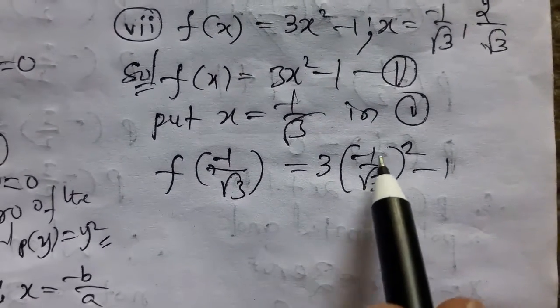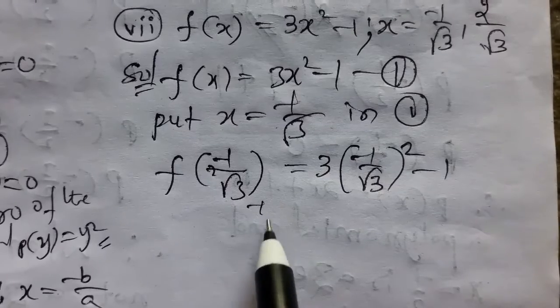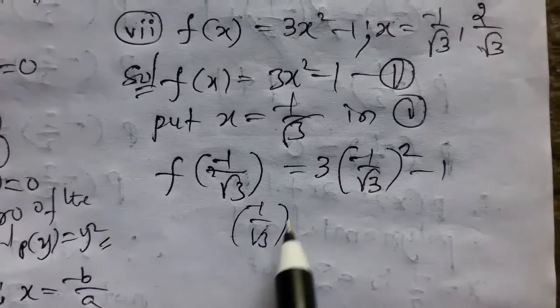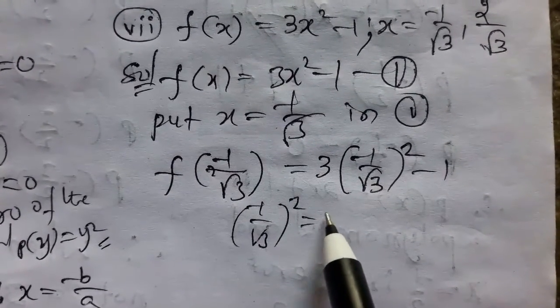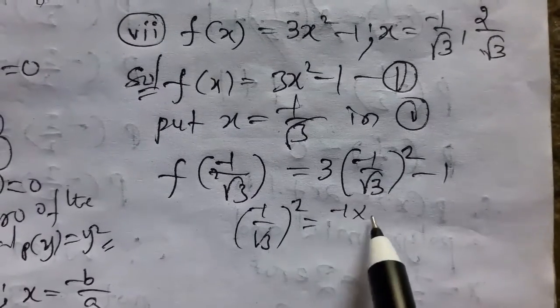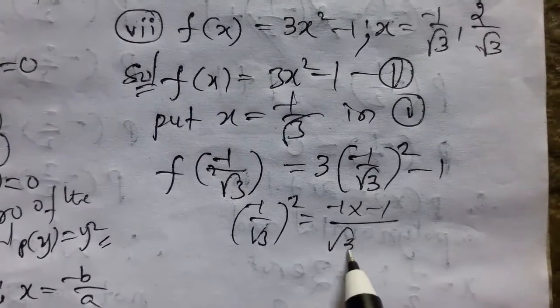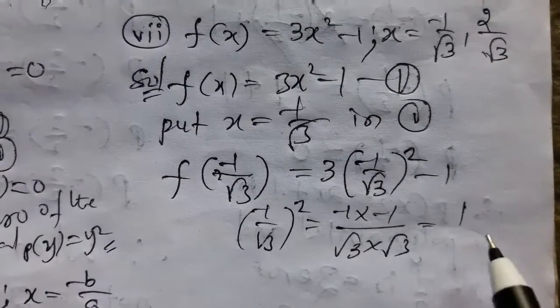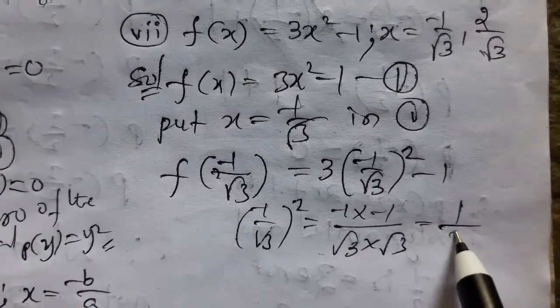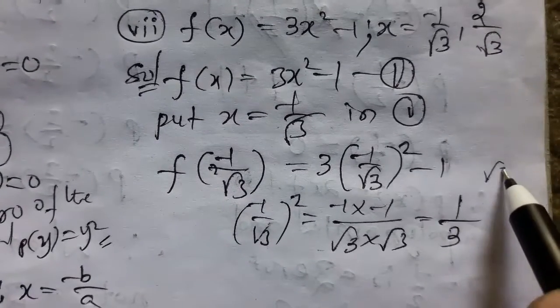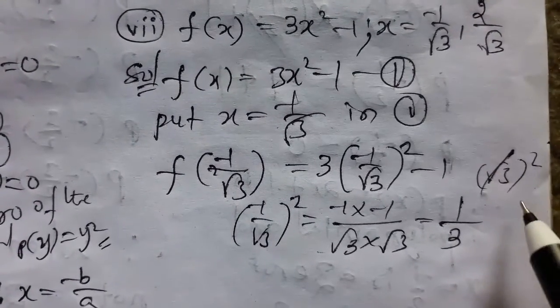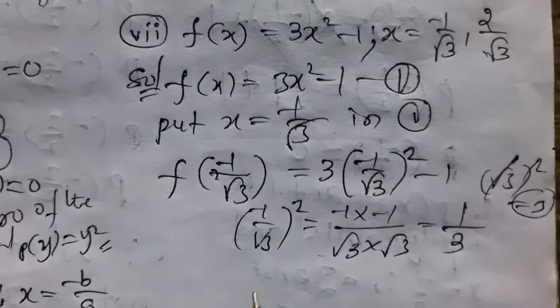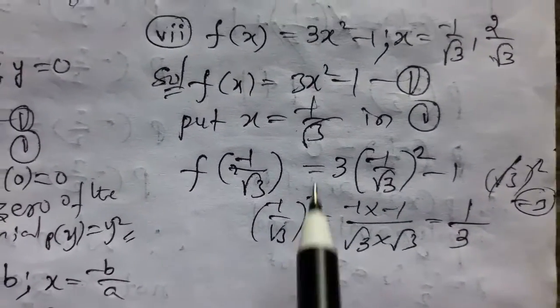See here, minus 1 by root 3 whole square means minus 1 into minus 1 by root 3 into root 3, minus minus becomes plus 1. Root 3 into root 3 becomes 3. Understood all of you? Yes.